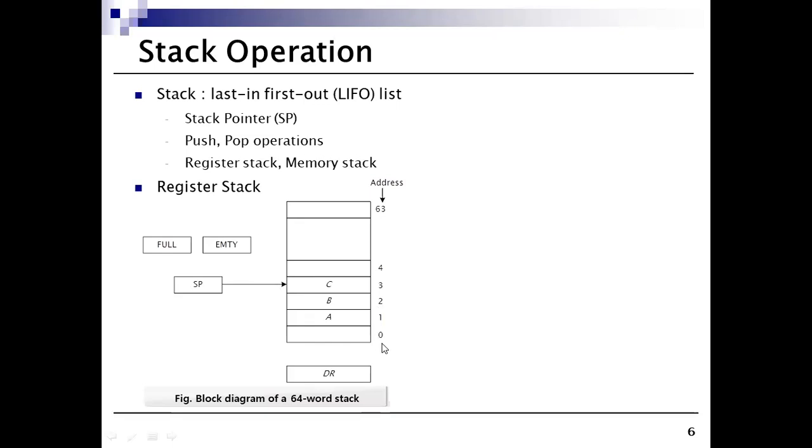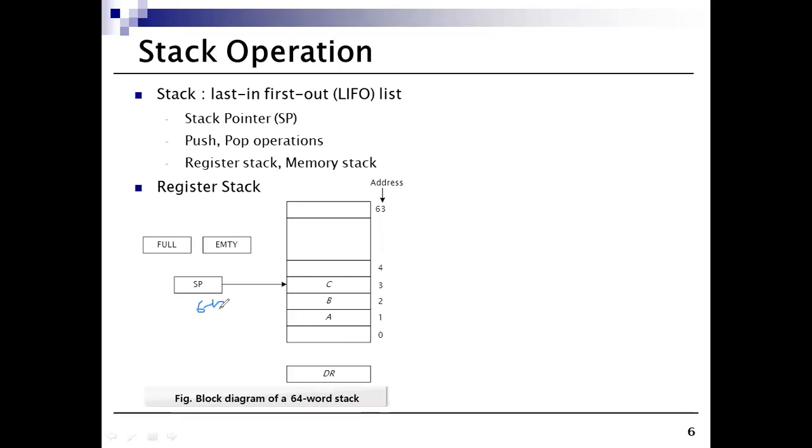64 words are there. So 0 to 63 are the decimal addresses. In terms of binary, to refer to 0 to 63, totally 64 elements, it is sufficient to have a 6-bit register.